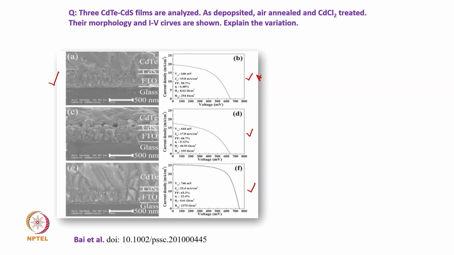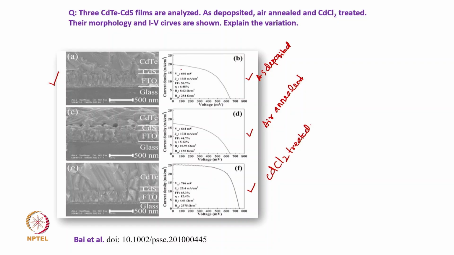So, this is as deposited, the first one, the second one is air annealed, so we know that always when we would like to grow the grains or make it a well grown polycrystalline material, we generally do annealing. So, this is the air anneal and this is actually CdCl2 treated. So, now you follow these three graphs.